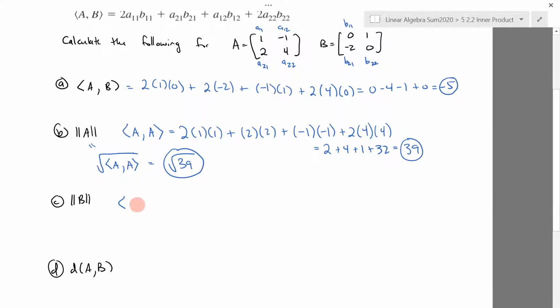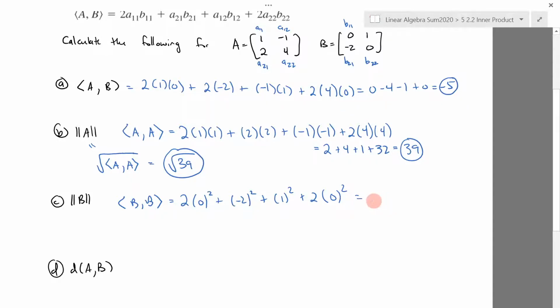So we take the inner product of b with itself, 2 times this entry squared plus this entry squared plus this entry squared plus 2 times this entry squared. Okay, so what do we get?